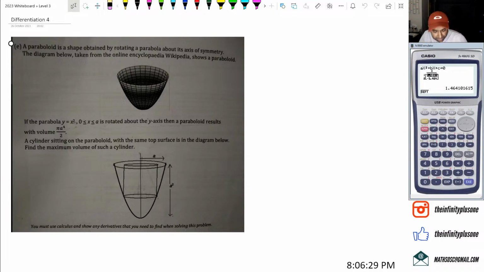Volume of this is pi a^4 over 2. Rate of change, yeah, sure, Mel.